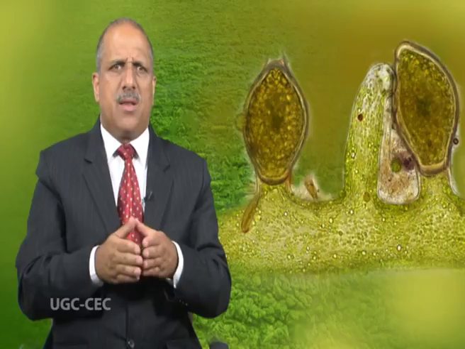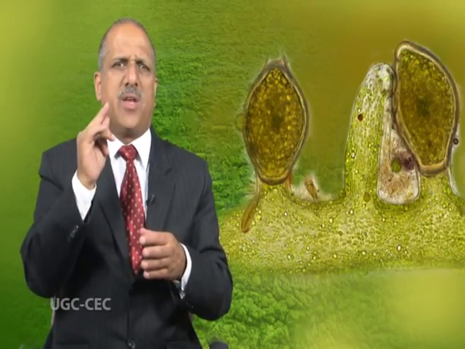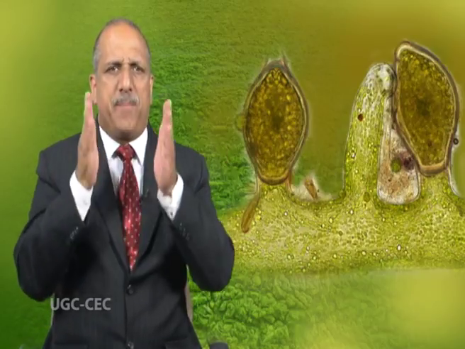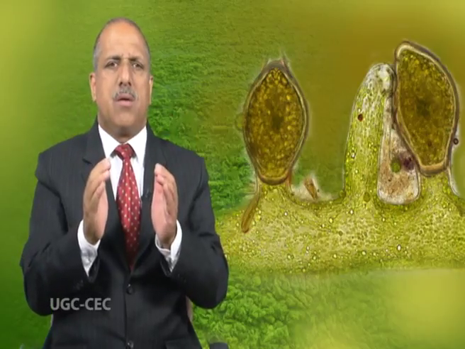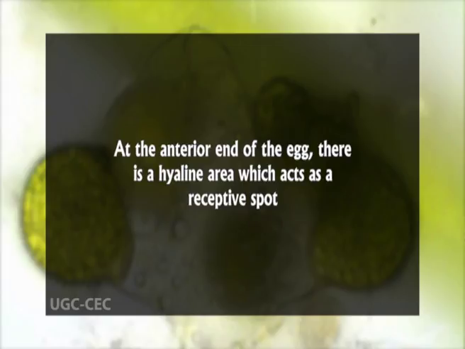However, some workers believe that all nuclei except one pass out of the oogonium before the formation of the septum. The uninucleated protoplast of a mature oogonium forms an egg cell. At the anterior end of the egg, there is a hyaline area which acts as a receptive spot.